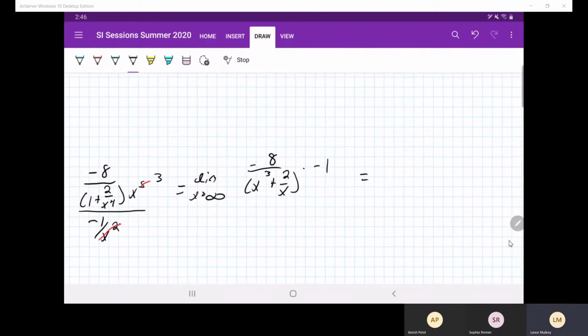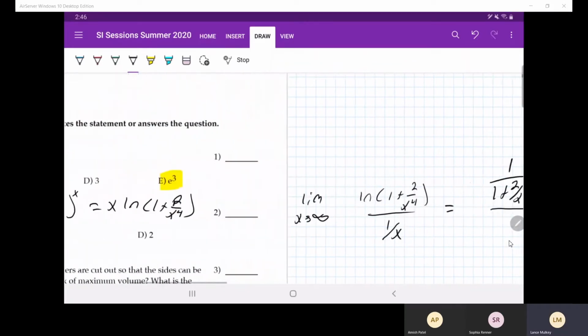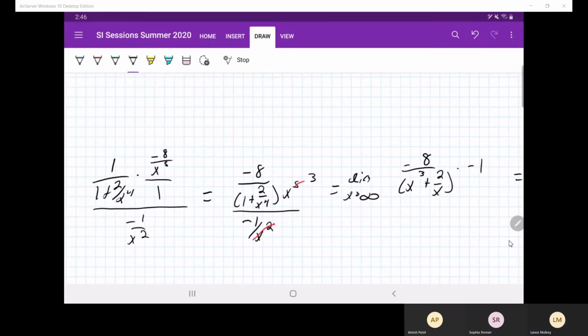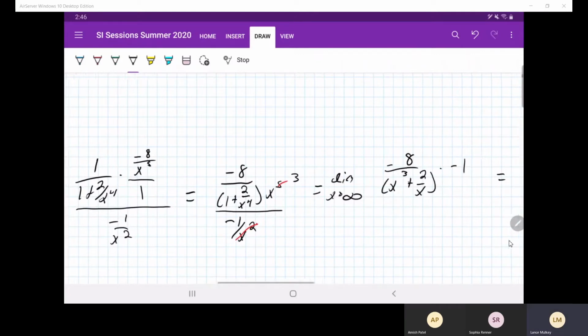And that equals 8 over infinity, which technically equals 0, but the answer is 1. I know that. I solved this one earlier. Relatively easy.